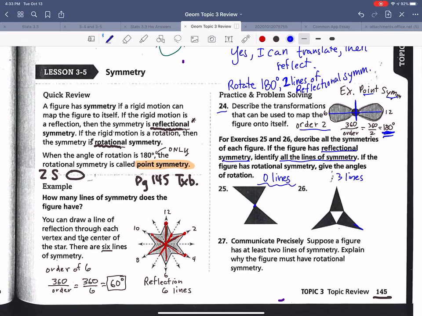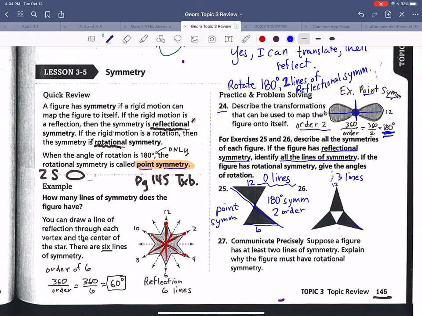I notice this thing looks the same upside down and right side up. So if this is 12 on a clock and 6 on a clock, it would map upon itself. So I'm going to say that's 180 degrees of rotational symmetry. And that would be an order of 2. It would also mean that it has point symmetry. All right, so I notice here, this thing does not look the same upside down and right side up, but it looks like it has an order of 3.